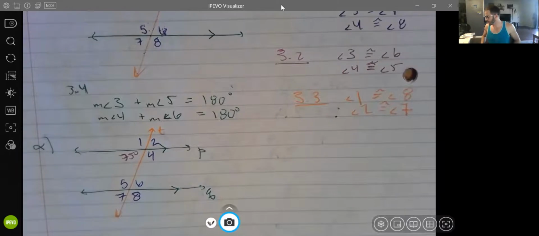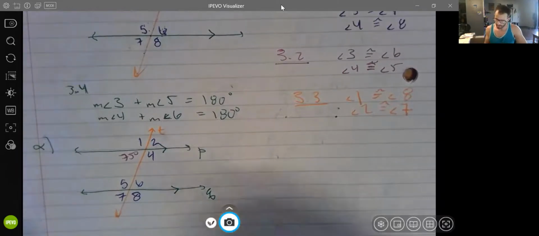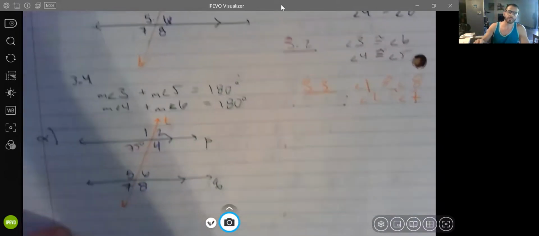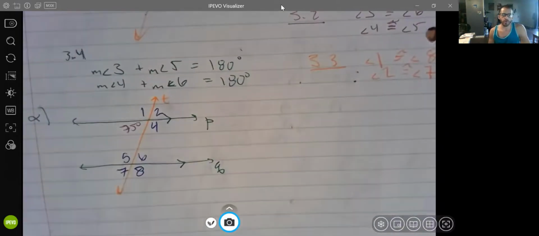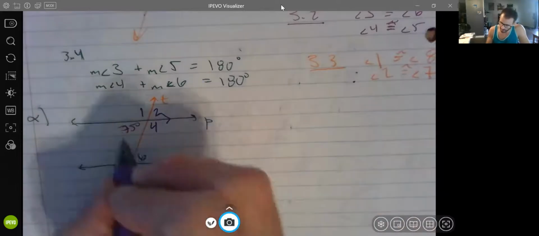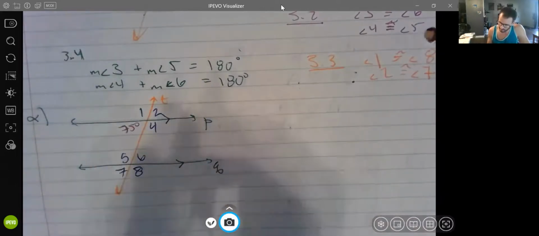All right, so here's the thing. What other angles are also 75 degrees, and what theorem, not the number, the actual words, what theorem are we using? So find the other angles that are equal to 75 degrees.